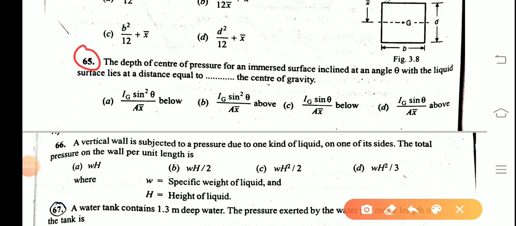Question number 65. The depth of center of pressure for an immersed surface inclined at an angle theta with the liquid surface lies at a distance equal to dash the center of gravity. So the correct answer will be option A, Ig sin square theta by A x bar below. So the center of pressure lies below the center of gravity.